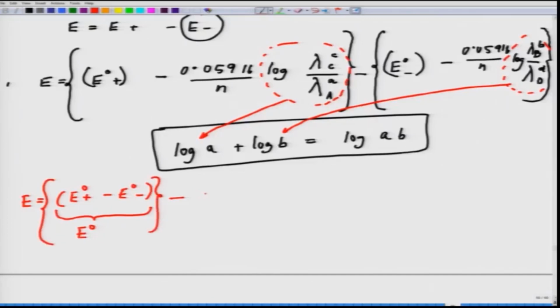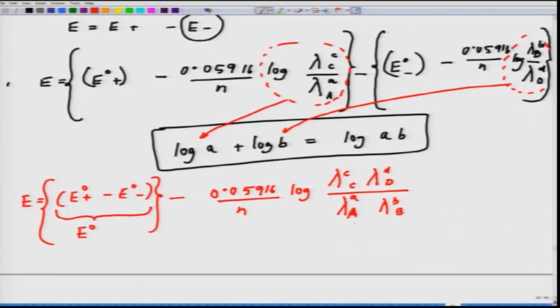I am putting additional brackets so that you do not get confused, minus 0.05916 divided by number of electrons log C d d divided by A B. This whole term is your Q. Okay.